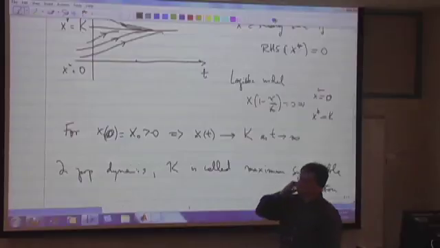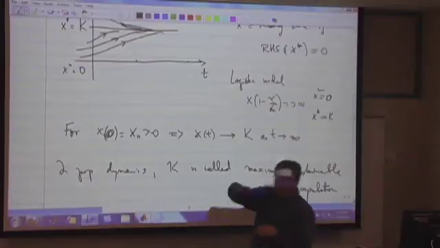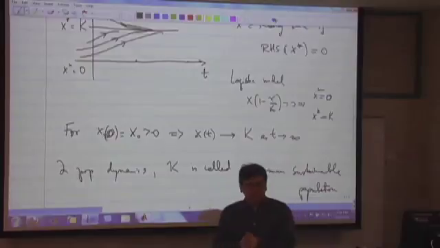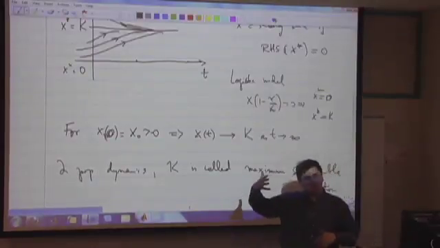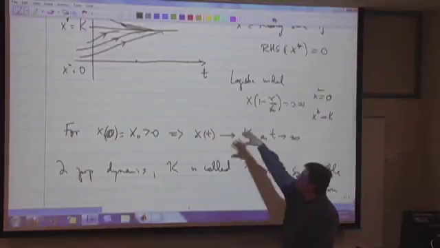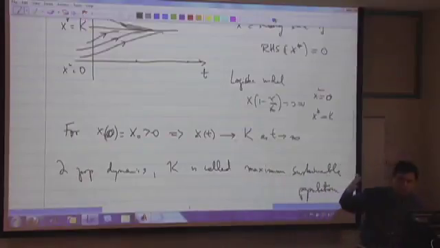And a population that starts overcrowded, with a value greater than that number, is going to decrease. The competition is stronger than the actual intrinsic growth, so there's going to be a decrease, again to that value. So it's sustainable, and if you start at that value, you're going to stay at that value.